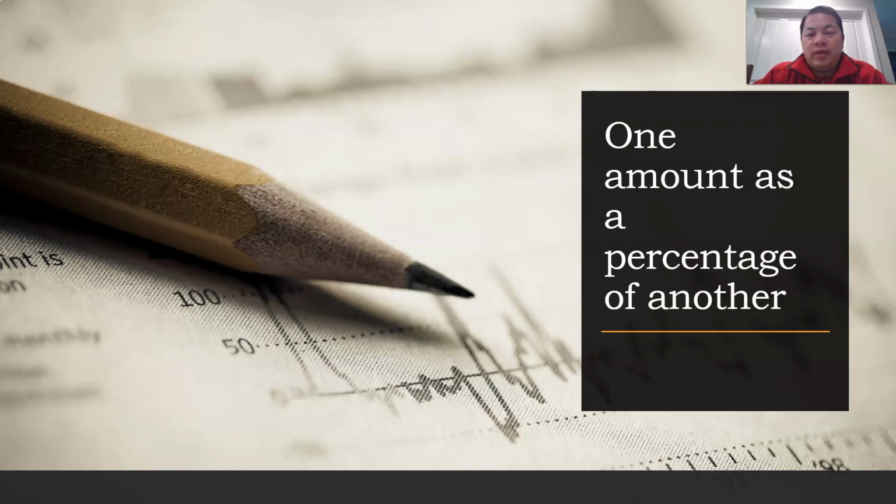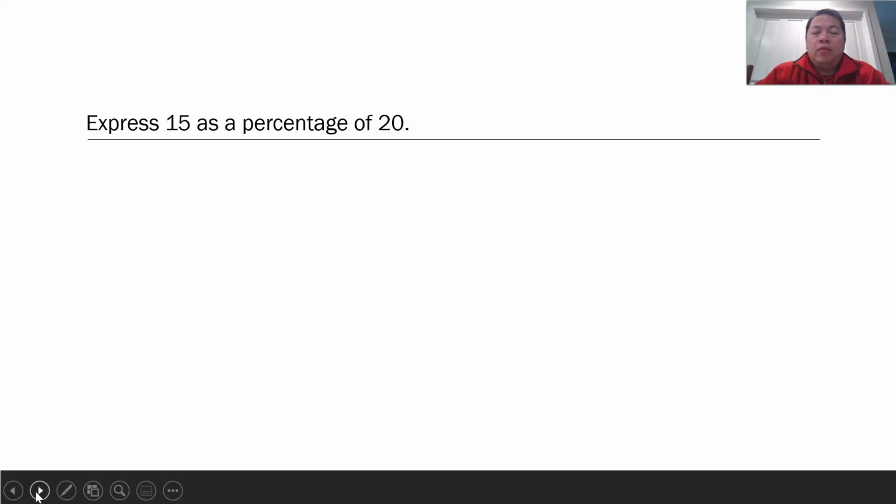Let's move on to another important component in percentage, which is to find an amount as a percentage of another. So we will be making use of this term called the base very often in percentage. For instance, this question says express 15 as a percentage of 20.